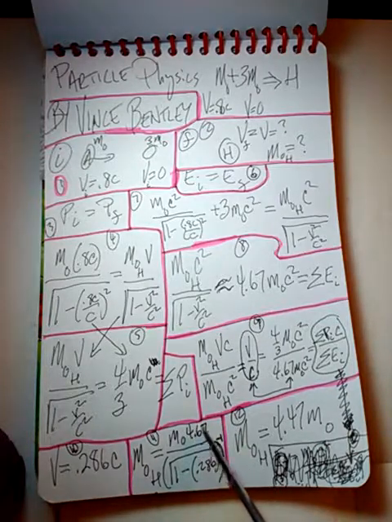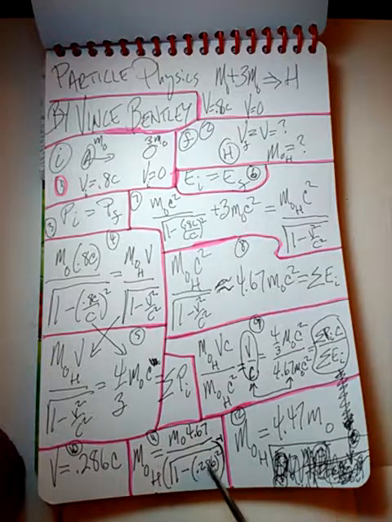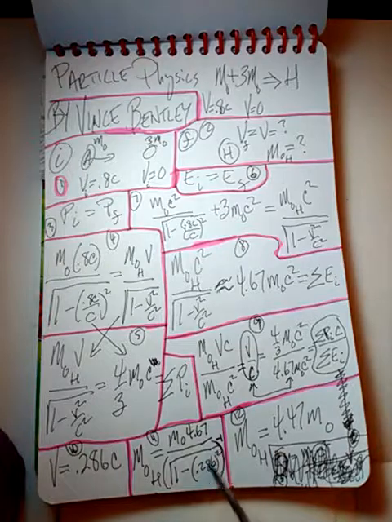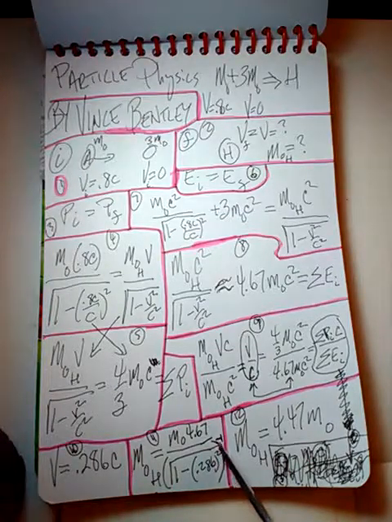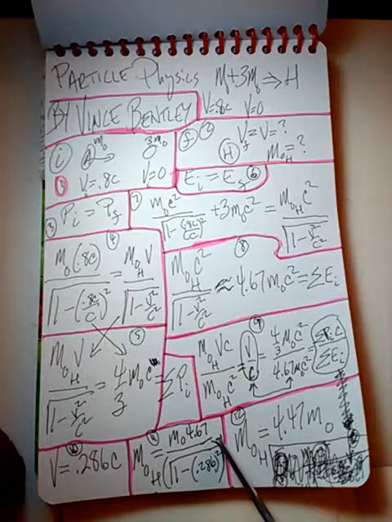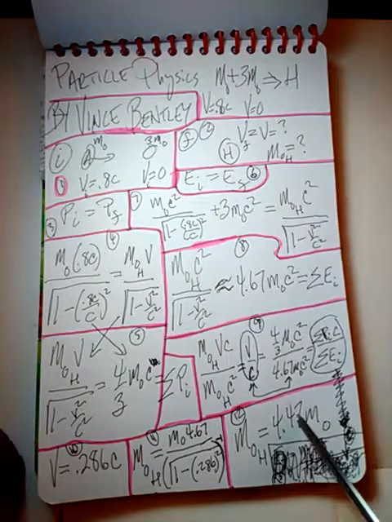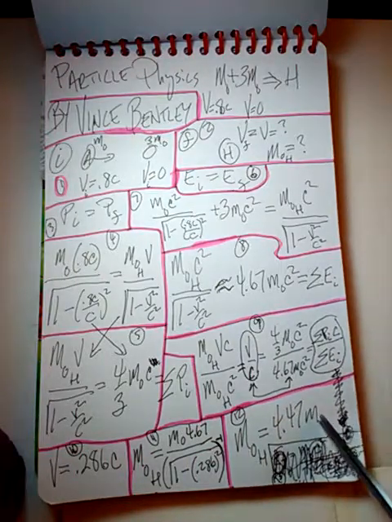And so when you take 4.67 times the square root of 1 minus 0.286 squared, or if you just calculate this out right here, remember if you type it like this, make sure to put a little to the power of -1 on this entire square root. Then I promise you this whole number will turn into 4.47 times m0.